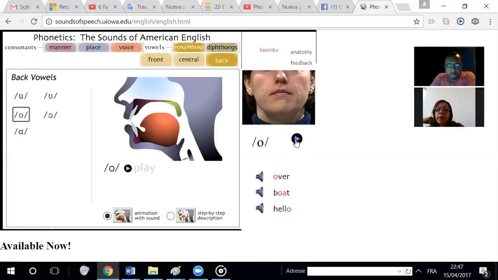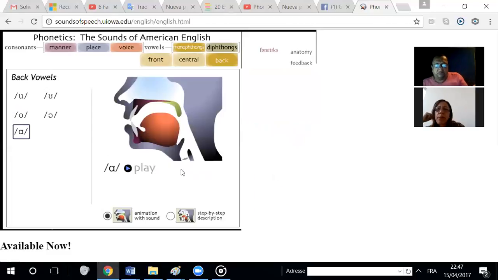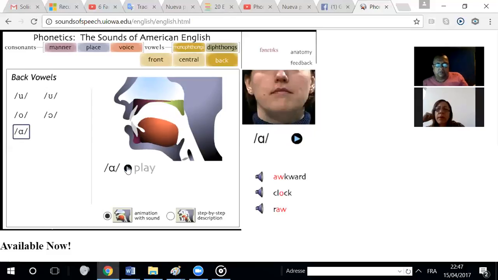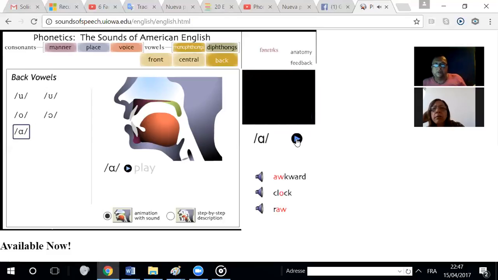Yeah, this is the position to lower your jaw the most. Ah. Ah. With me.